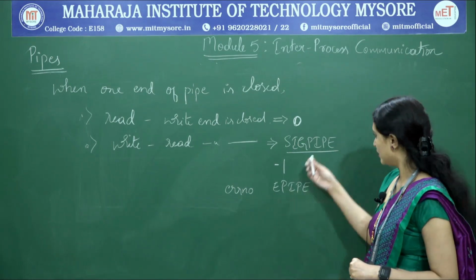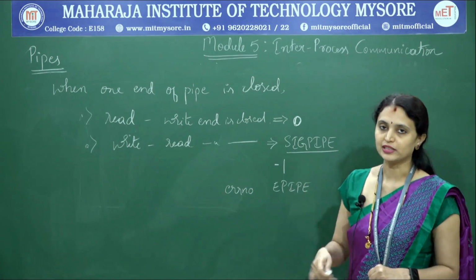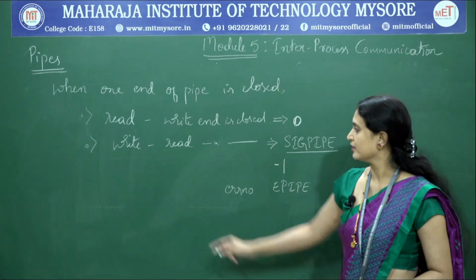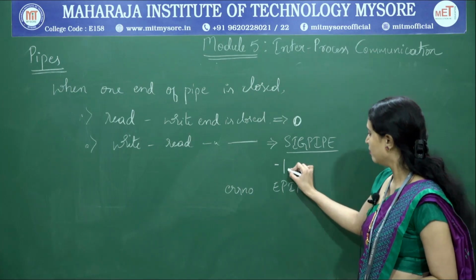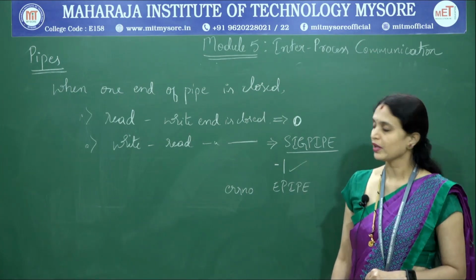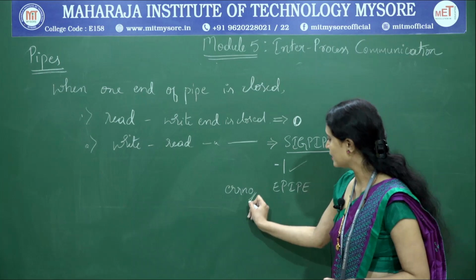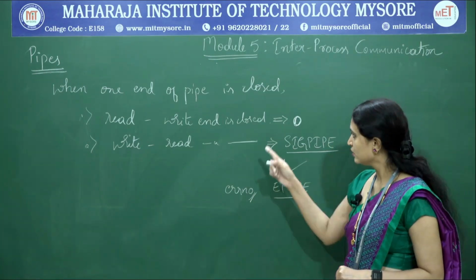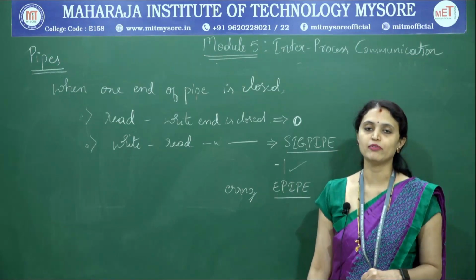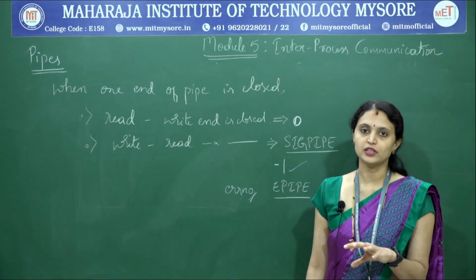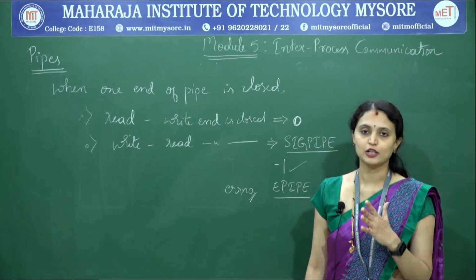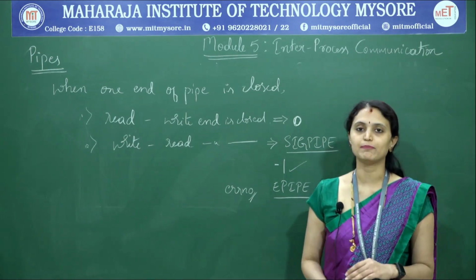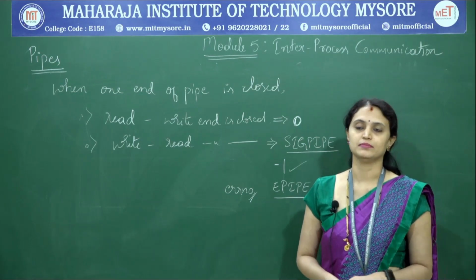Even if we ignore the signal, catch it, or handle it using a signal handler, the write function will return -1 with the error flag set to EPIPE. These are the two rules that have to be followed when one end of the pipe is closed. Now let us discuss how we can create a pipe with a program.